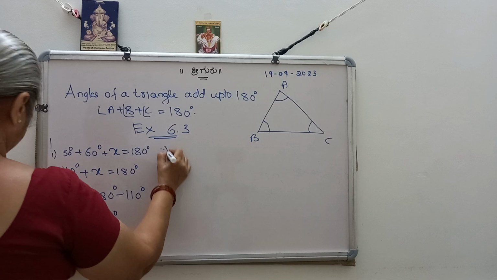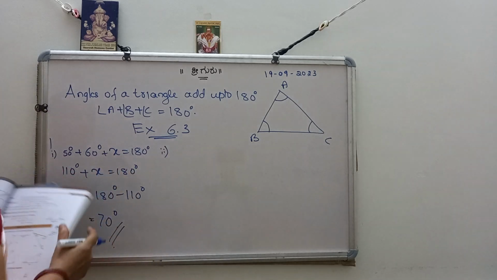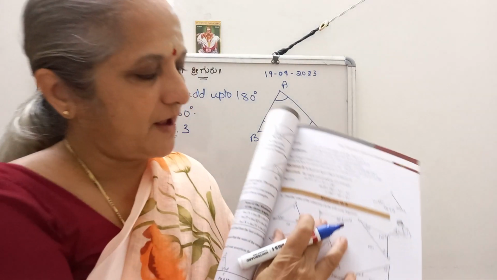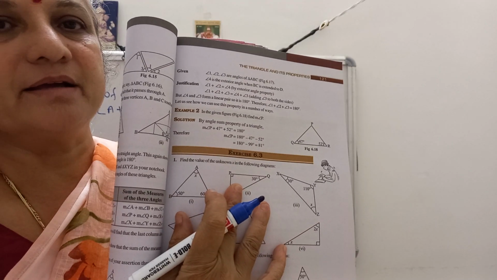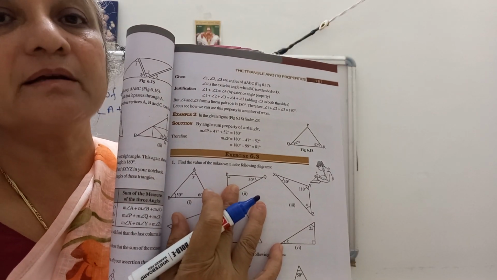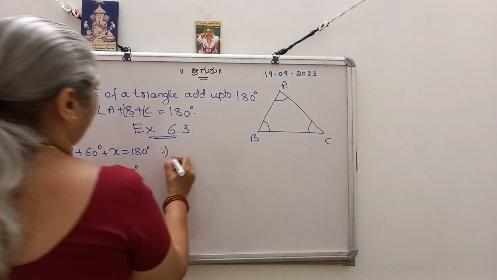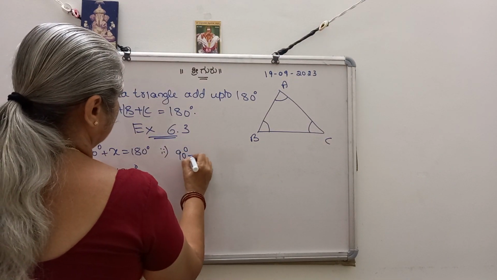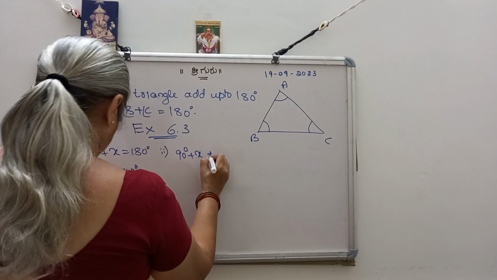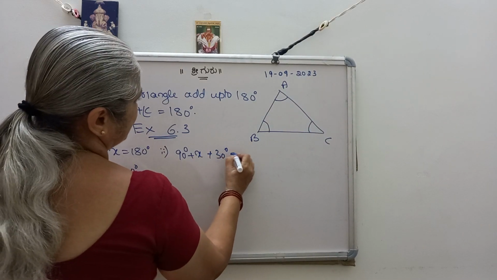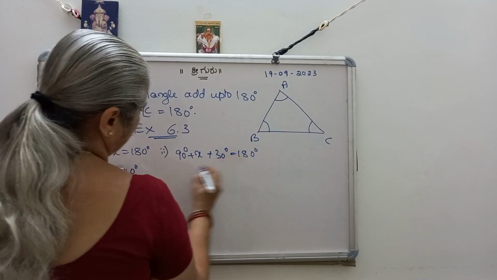Now the second one. Here in the figure, angle P is marked as square, means the measure of that angle is 90 degrees. 90 degrees plus x plus 30 degrees is equal to 180 degrees.